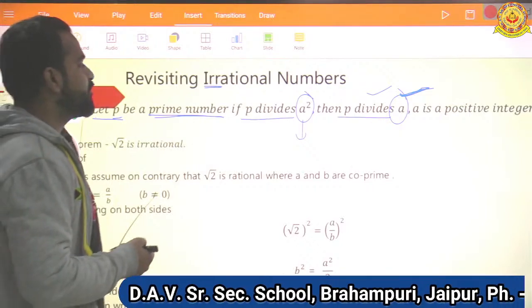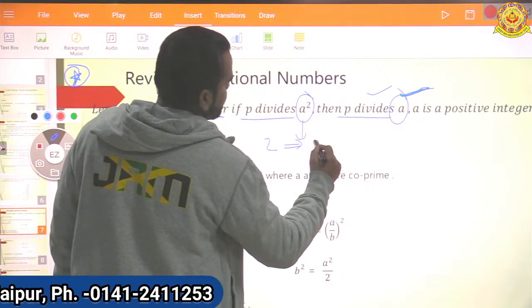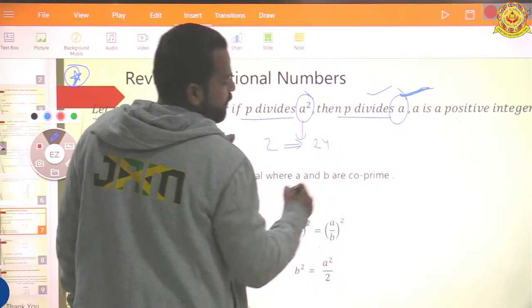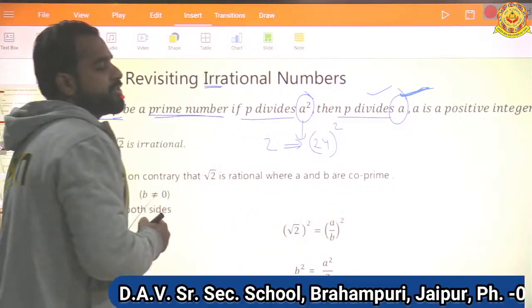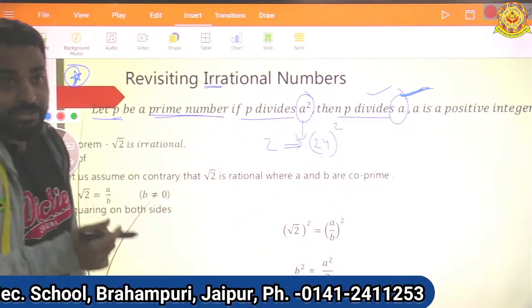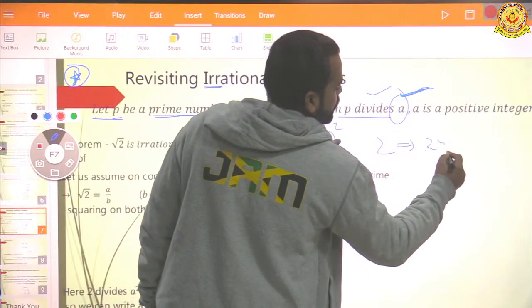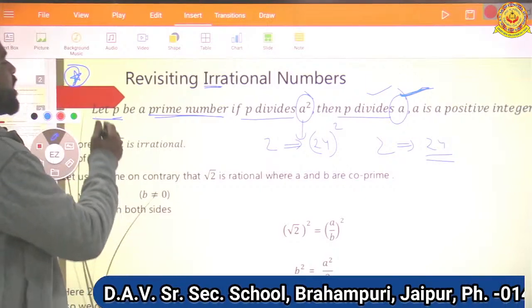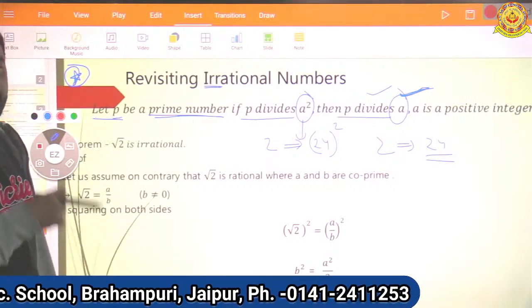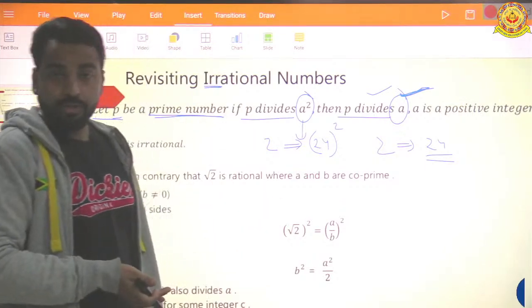For an example, if 2 is a divisor of 24 square, that means 2 can be a divisor of 24 also. So if p is a prime number and it divides a square, that means it can divide a without the square as well.